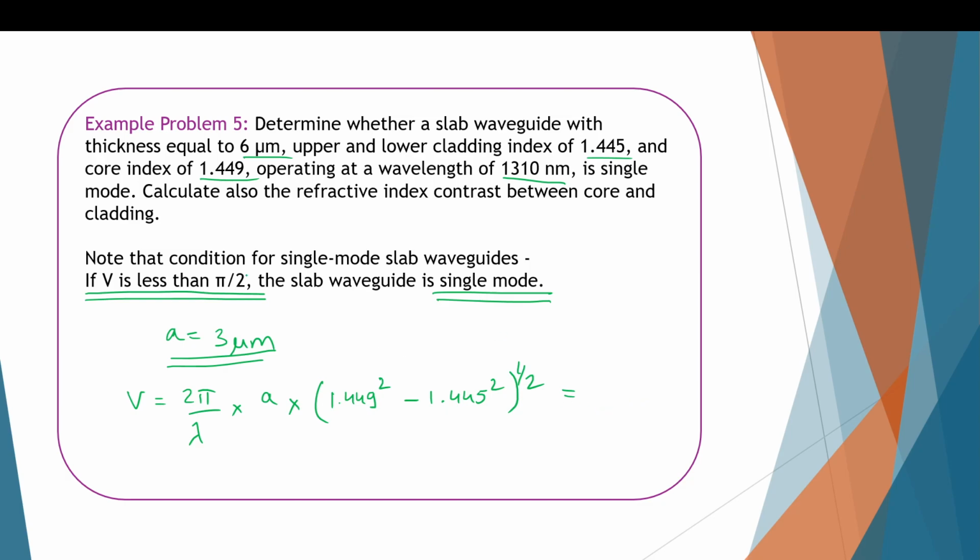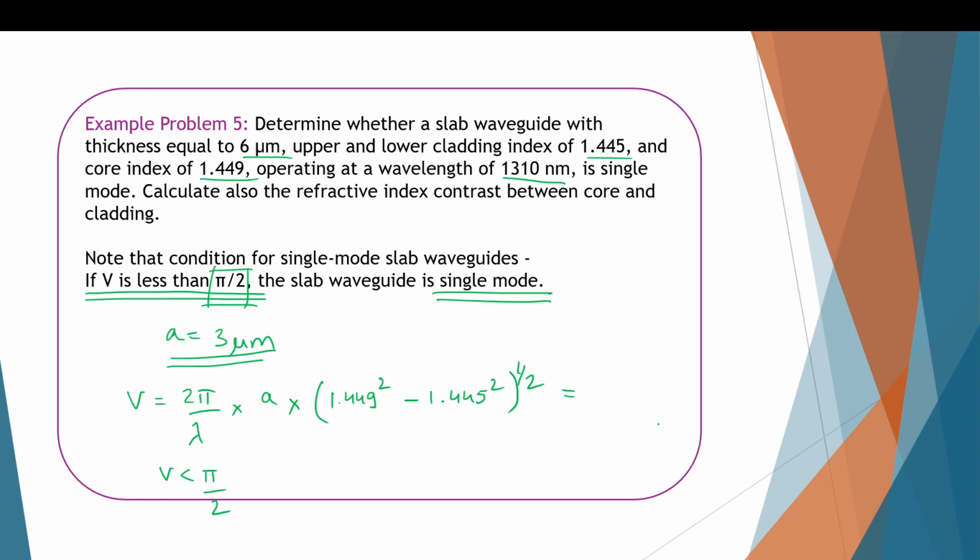So what is the value that you are getting? Is it lesser than pi by 2 or greater than pi by 2? It's lesser, ma'am. So it's single mode. Yeah, thanks. So can you tell me the value?